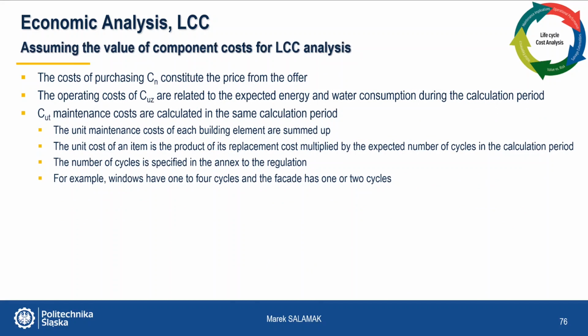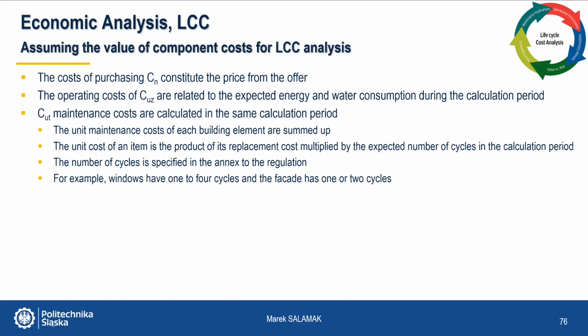For the client, the purchase costs constitute the price from the offer, while the operating costs are related to the expected energy and water consumption in the calculation period. As for the entire building's maintenance costs, in the same calculation period, the unit maintenance cost of each product, each building element, is summed up with the value being reduced.